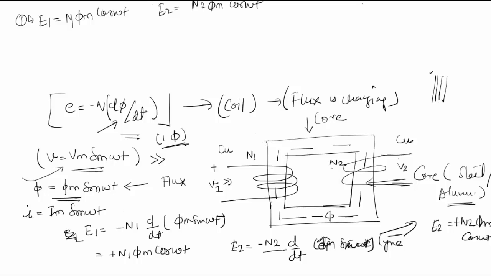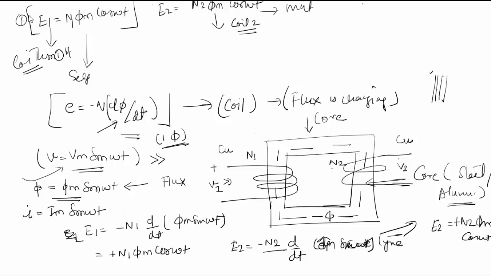So this is a voltage induced in coil 1 with N1 turns, and this is an EMF induced in coil 2. This is due to self inductance, and this is due to mutual inductance.